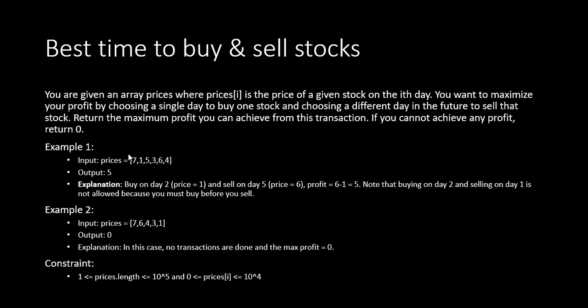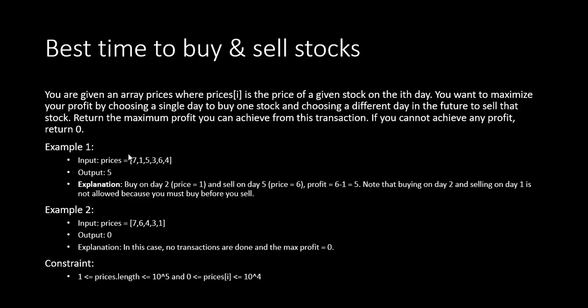Again, example 2, let's see: 7, 6, 4, 3, 1. Let's say the first price itself is 7, and as you can see, the price never went up. So somebody who bought on day 1 is not going to make any profit. So in this case, profit is zero.